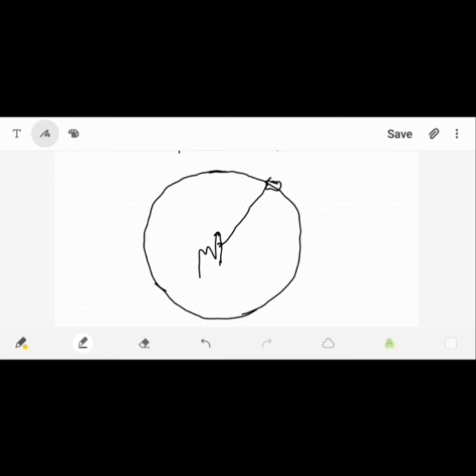Number one, this force is always directed towards the center of the circle and it is represented by Fc. Number two, this force is perpendicular to the direction of motion of the body. The arrow outside the circular path indicates the direction of motion of the body. This force is perpendicular to it, which means it makes an angle of 90 degrees with the direction of motion of the body.